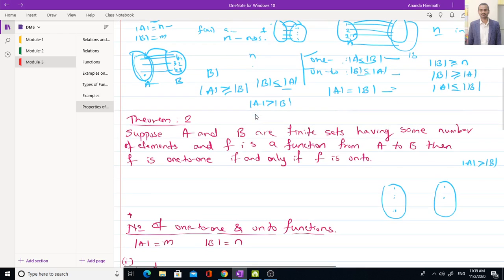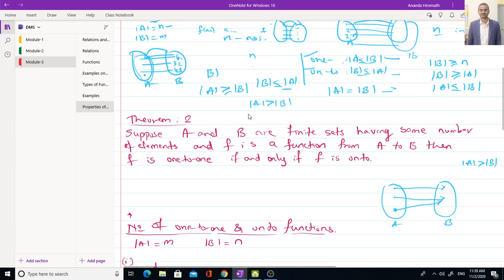Now see, when I map the first element to this one and the second element to this, there is one extra element in A. If I leave this element extra or unmapped, then it will not be a function. So to be a function, it must be mapped to one of them.